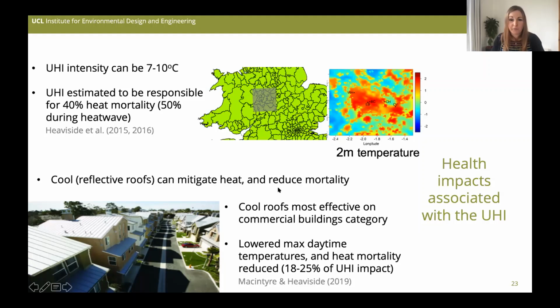We implemented them on the different types of urban categories, and we found that cool roofs were most effective on commercial buildings. They're most effective at lowering maximum daytime temperatures, because obviously this is the time of day when we have the most sunlight, and they could be quite effective at reducing heat-related mortality as well.